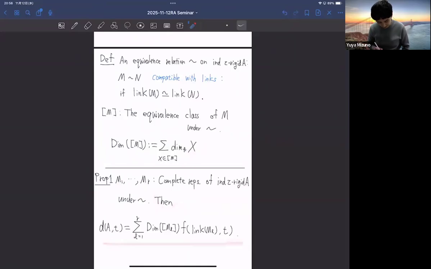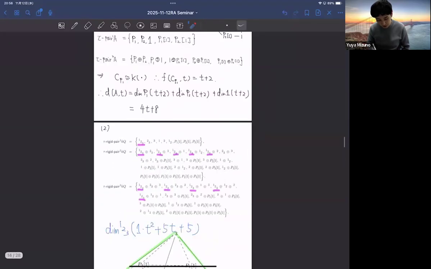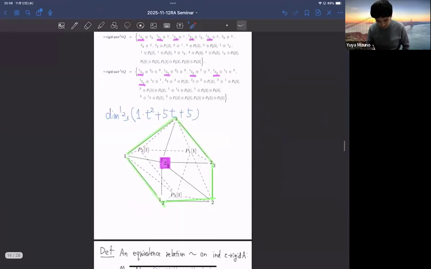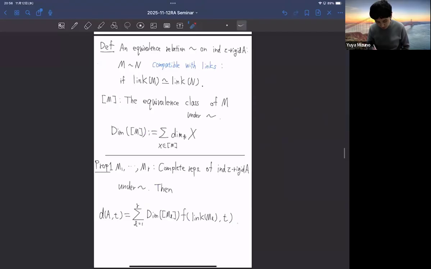Then if M1 to MR is a complete set of representatives of the indecomposable tau-rigid modules under this equivalence relation, we get the following equality. Namely, in general we need to consider all f-polynomials for each M, but because sometimes they provide the same link, the elements belonging to the same equivalence class provide the same link, so we can just formulate as follows.